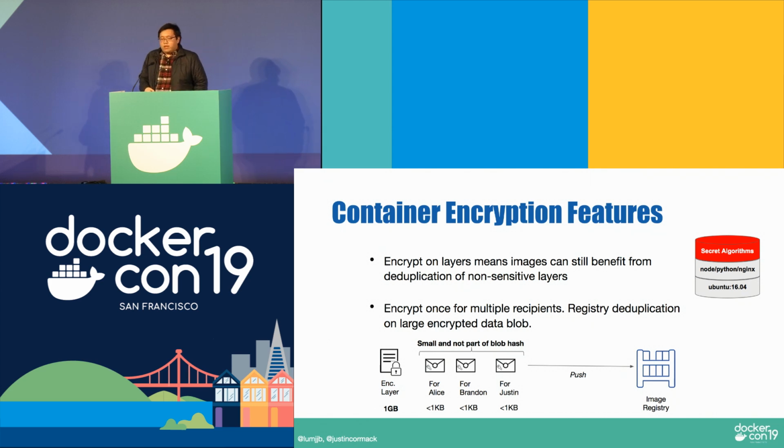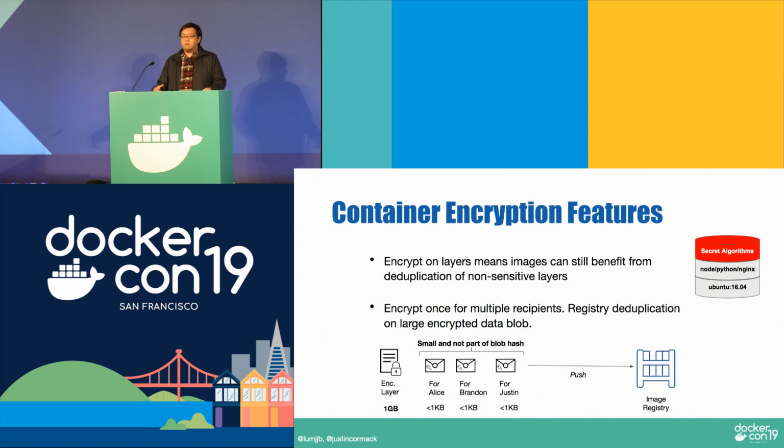So what doing encryption on the layers means is that in the usual case, you have an image, and your image has multiple layers. You have the operating system like Ubuntu 16.04, and then you have some kind of middleware, and finally on top are your secret algorithms or sensitive code, right? Now, the sensitive code or secret material generally is pretty small, but you don't want to re-encrypt everything underneath, right?